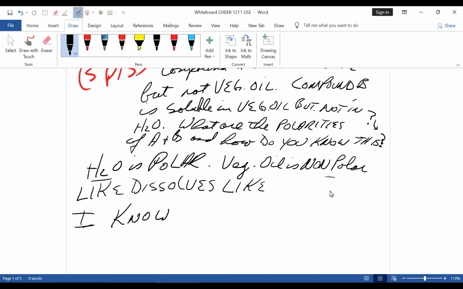I know A is polar because it's soluble in water, but not vegetable oil. And B is nonpolar.